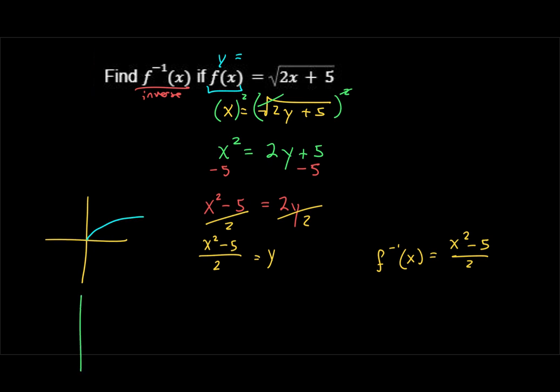However, a quadratic function contains the full parabola. That's not very well drawn. So we have to restrict our graph so that we don't have this portion of the function taken into the quadratic. So since x and y are changed, we need to look at the range of the original so that we can impose restrictions on the domain of the inverse.